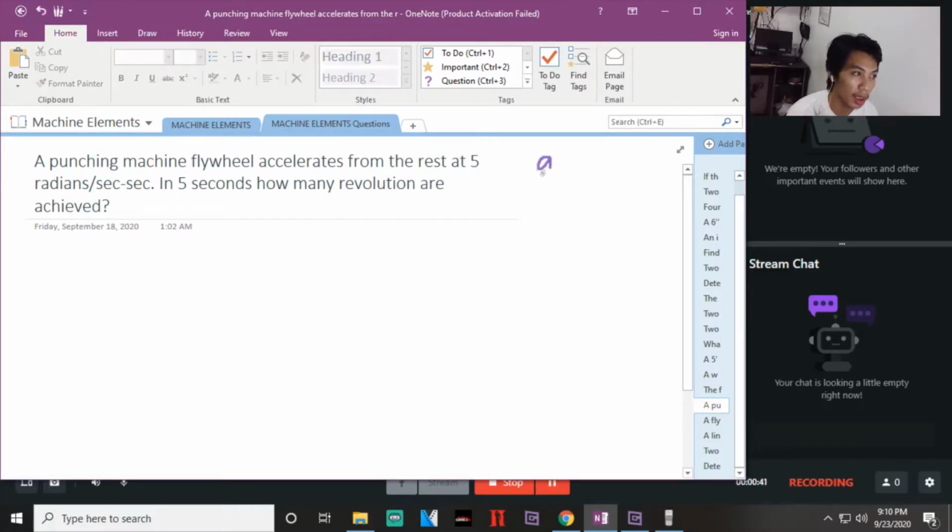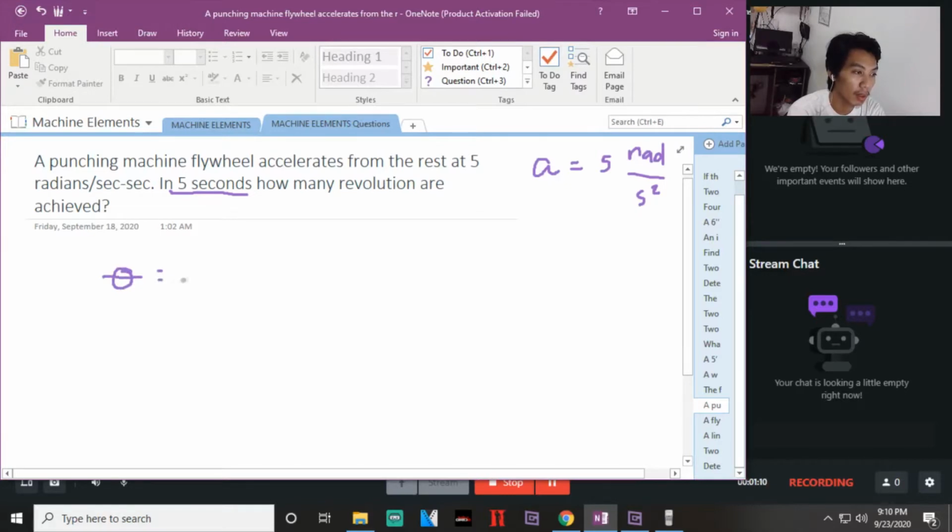So acceleration mo is, that is angular acceleration, alpha, 5 radians per second squared. In 5 seconds, how many revolutions are achieved? So, ang hinahanap niya is yung theta.